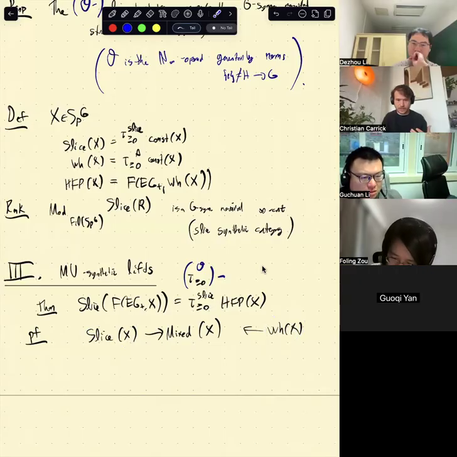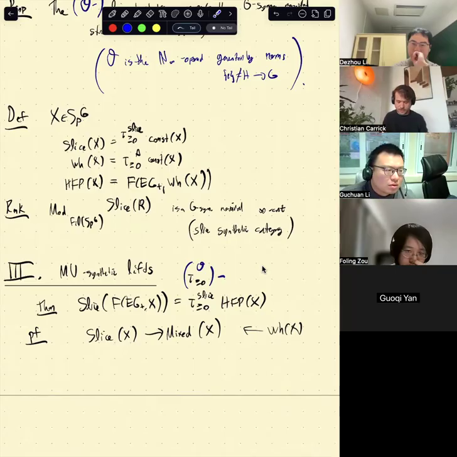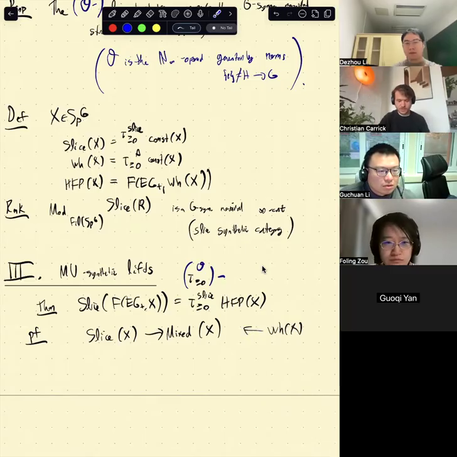So what I can do is take those two T structures, those two categories of connective objects, and take their union. And that gives me a new T structure. And I can take the connective cover with respect to that T structure. And because there are inclusions of connective objects, I get arrows like this, which are kind of co-units of the adjunctions.